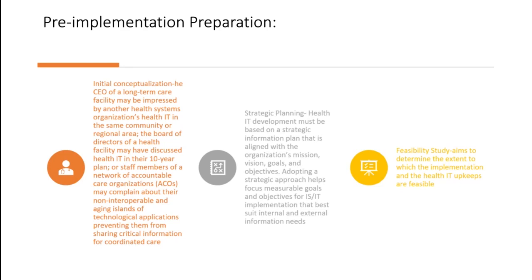If you have a health IT mission and vision that counters your organization's mission and vision, there's a problem. So you want to make sure that the strategic plan for the health information technology piece, as well as the organization, is aligned. And then the feasibility study. Can we sustain this? Is it feasible for us to upkeep a program?